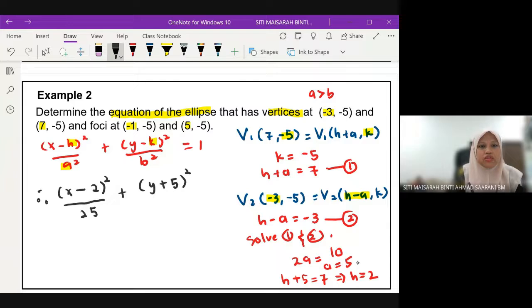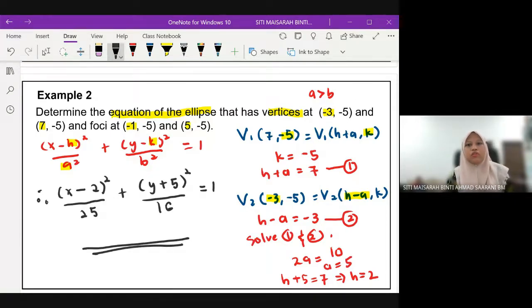K is negative 5, so dia akan jadi plus 5, over 16 is equal to 1. Macam ni lah, this is your equation of ellipse. So awak kena tengok betul-betul lah, kena analyse dia punya information dia.